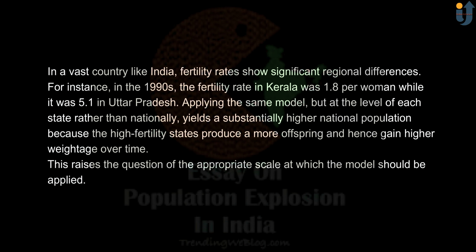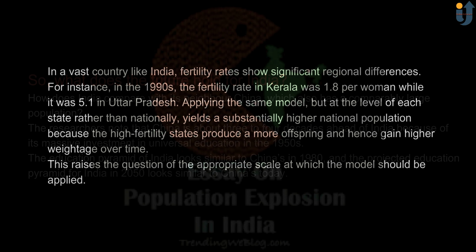Applying the same model, but at the level of each state rather than nationally, yields a substantially higher national population because the high fertility states produce more offspring and hence gain higher weightage over time. This raises the question of the appropriate scale at which the models should be applied.